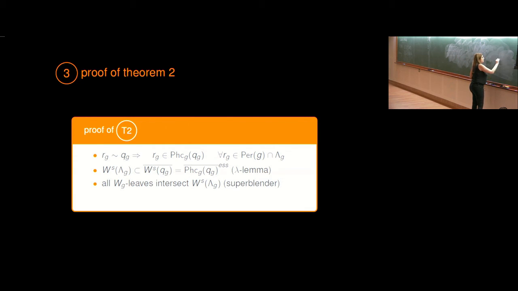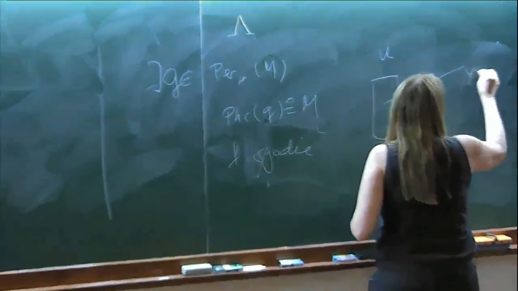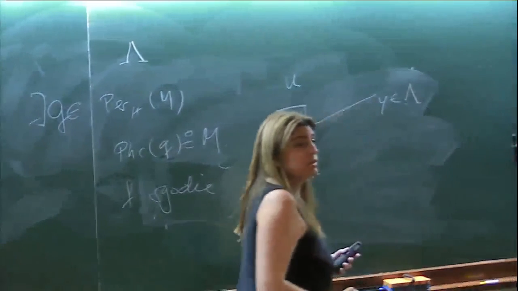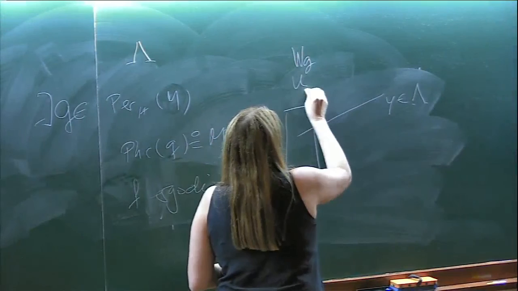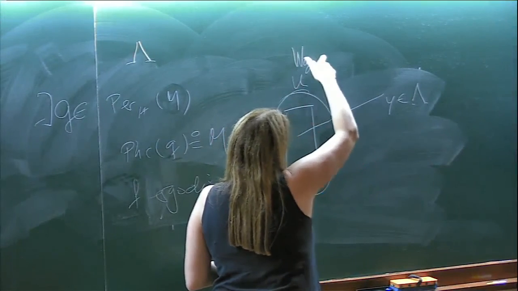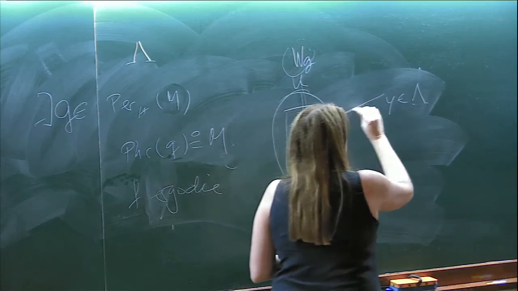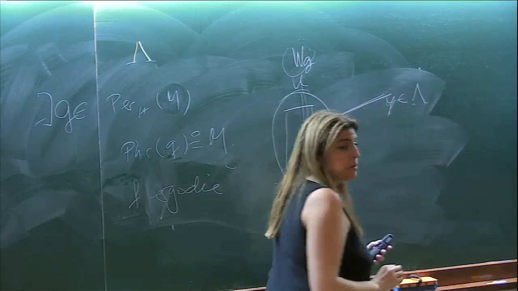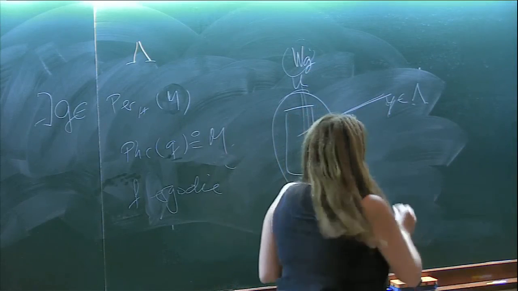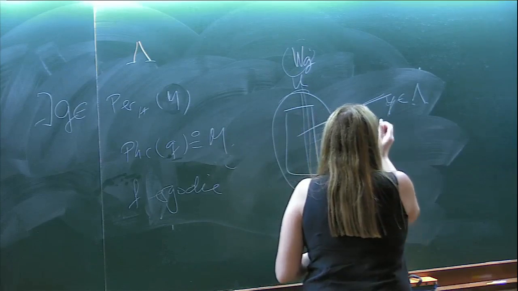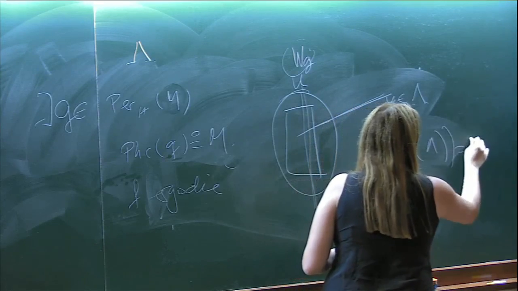All well-placed U strips cut the stable manifold of at least one point in the hyperbolic set. But since this is the unstable manifold of G, here you have all leaves have a U strip here. So all leaves cut at least one point in the stable manifold of W lambda. So the unstable of the stable of lambda is all.